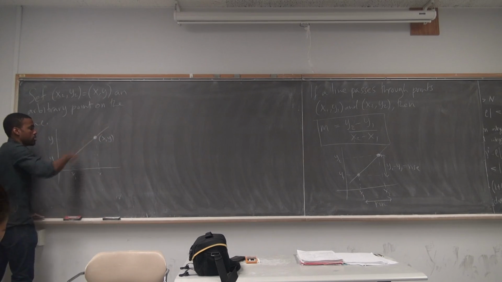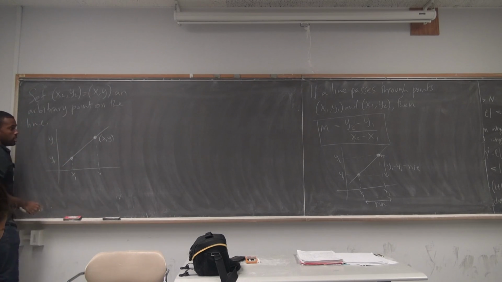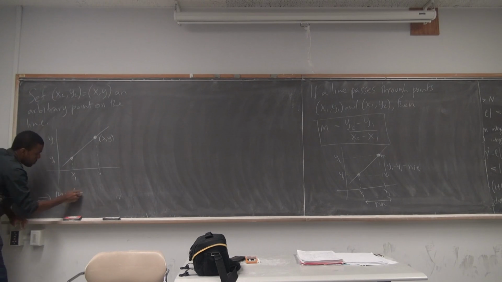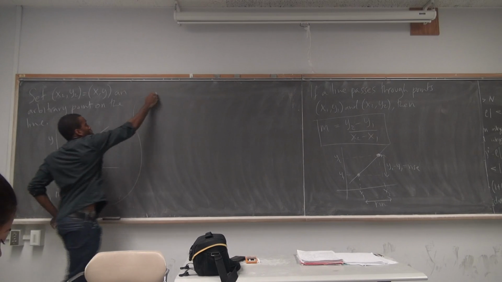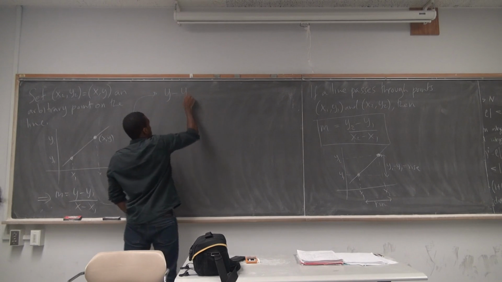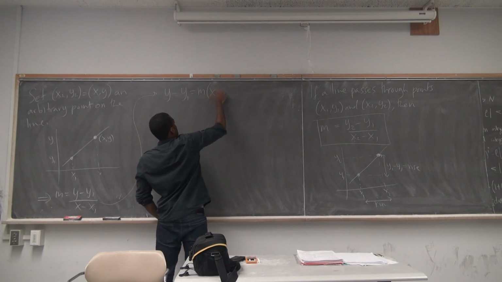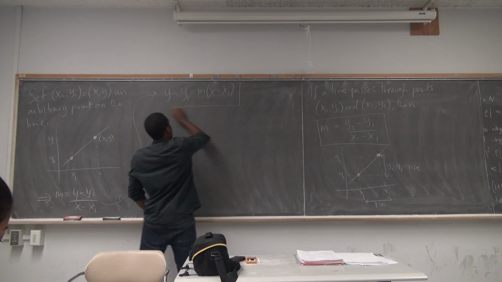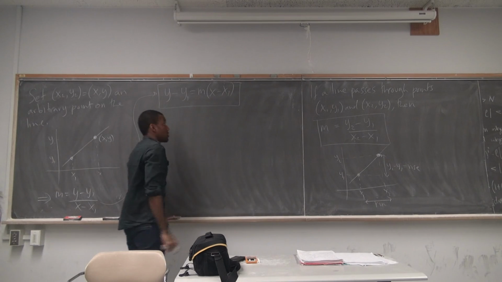It can be any point that I'm shifting along this line. And so what we can do is we would get m is equal to y minus y1 over x minus x1, which I can actually solve to get y minus y1 equals m times x minus x1. That's also an important formula.